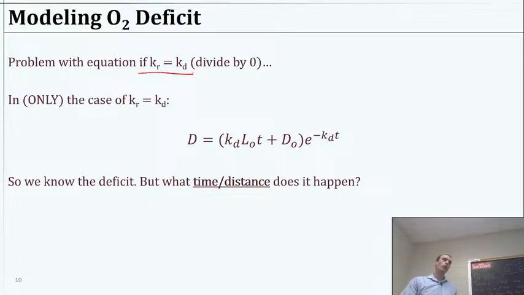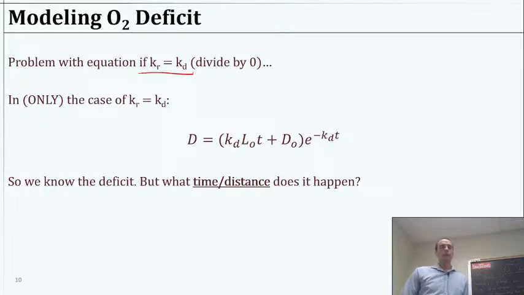I'm giving you both formulas on the formula sheet so that you can check which one to use. The deficit can then be approximated by kd L naught times t plus D naught, all that times e to the minus kd t.